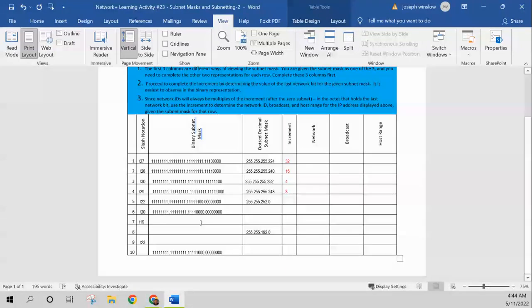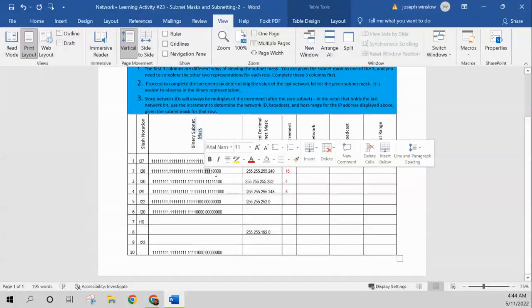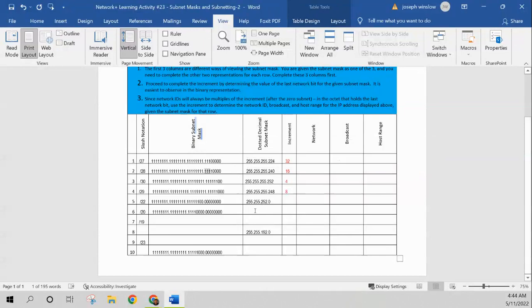And if that's true, and I'm borrowing 4, I look up here. Well, when I borrow 4, it's a 240. So the same pattern holds true because you're dealing with the same numbers, just different octets. So 240.0. And there's my notation.